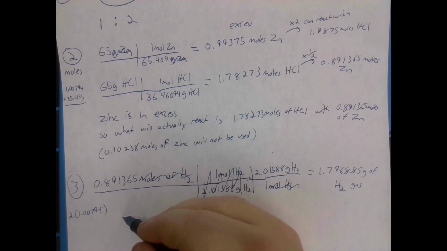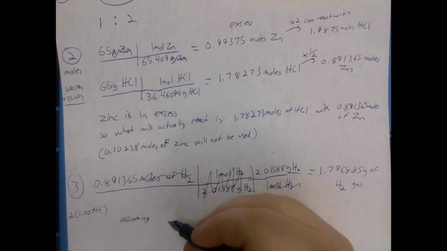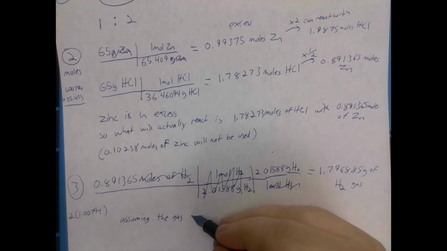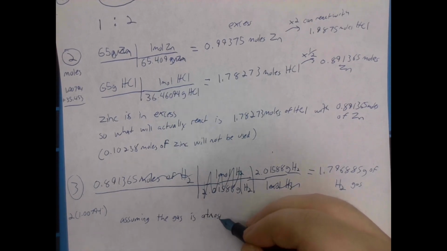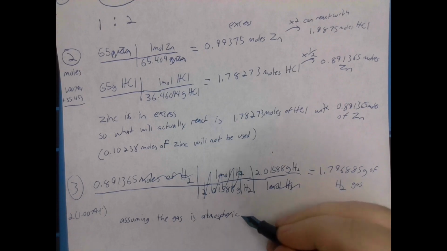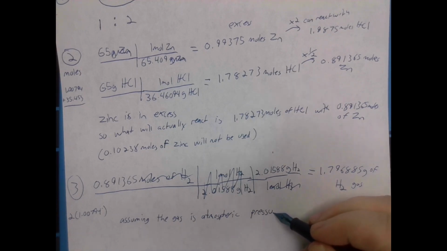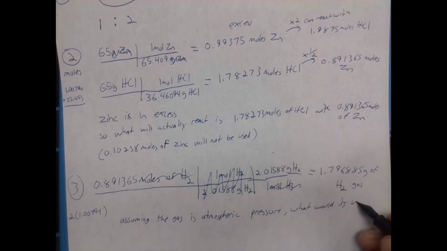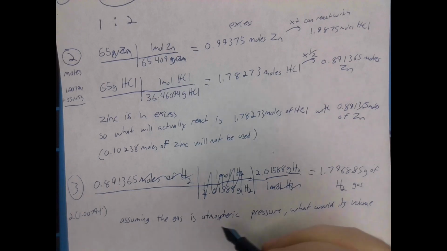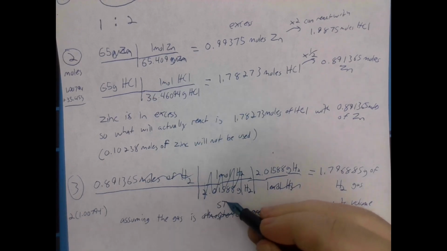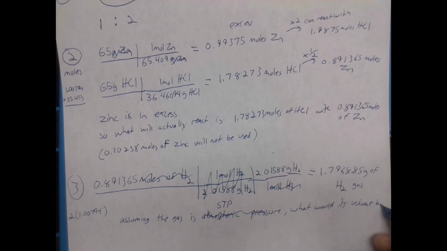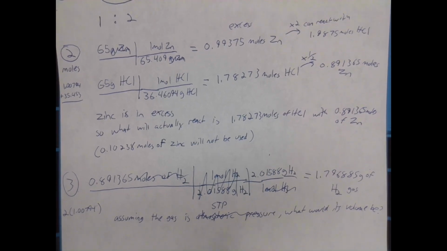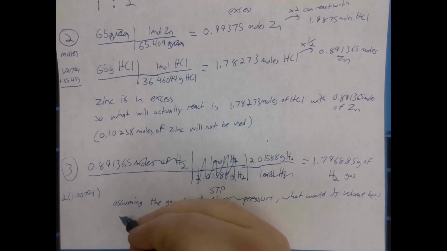By the way, assuming the gas is at atmospheric pressure, what would its volume be? Atmospheric pressure is at STP. So STP is 1 atmosphere and 273.15 Kelvin.